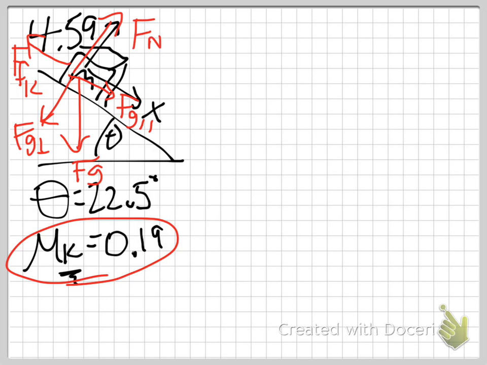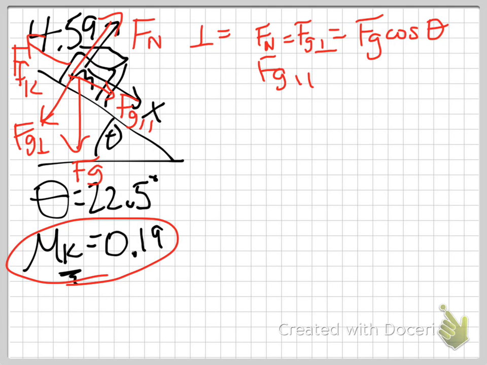We know the sum of the forces in the perpendicular direction means that Fn is equal to Fg perpendicular, which is Fg cosine theta. Fg parallel is Fg sine theta, which we know is mg sine theta.